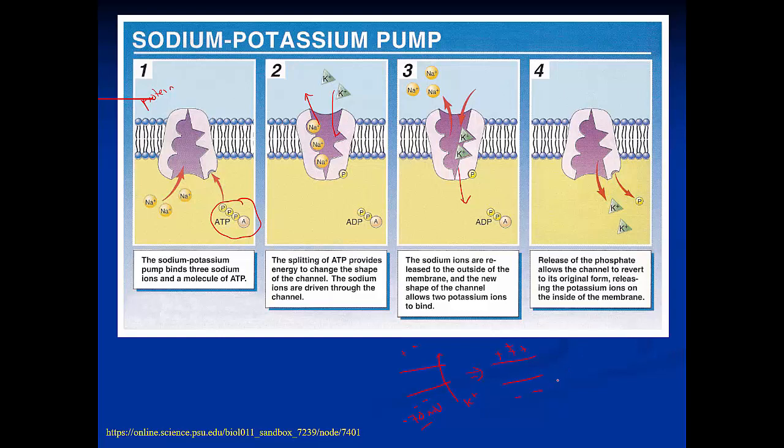Okay, so if I don't do anything over time, instead of minus 70, now let's say I have a minus 80, a slightly larger separation of charge. Now, what does this sign mean? Remember, the sign just tells me where there's more negative compared to the other. So if it's negative, I've got more negative on the inside.